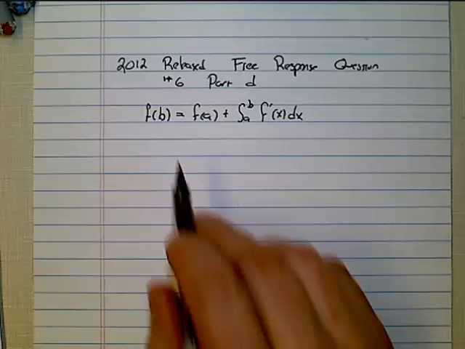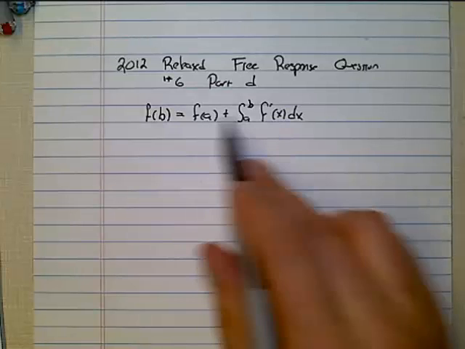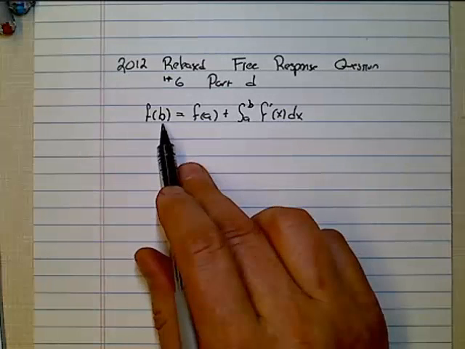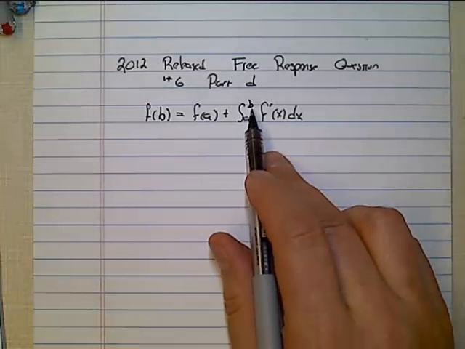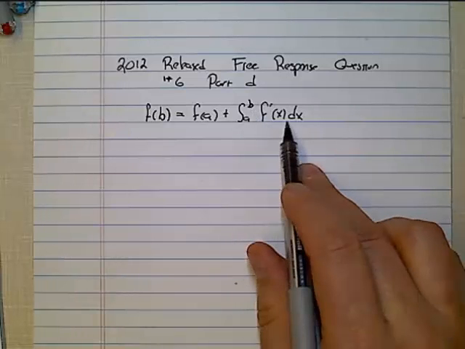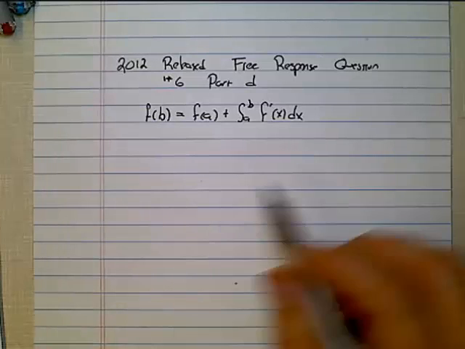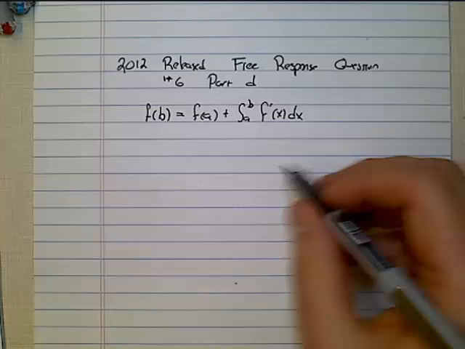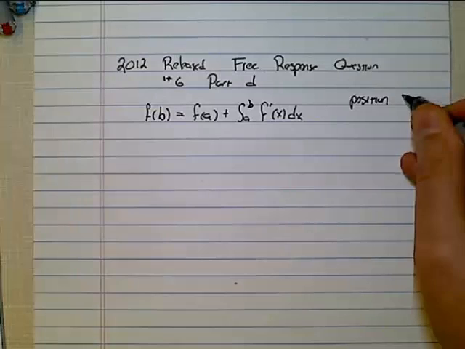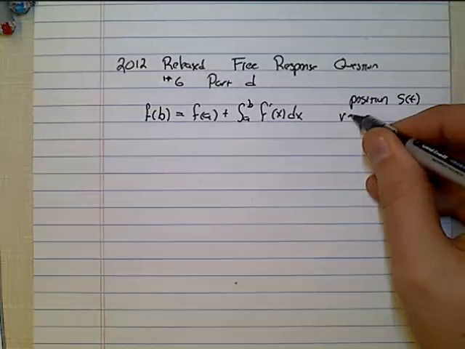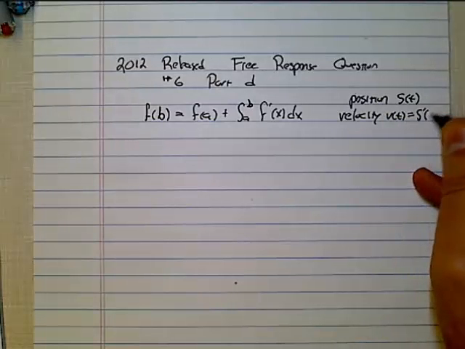So what this says is, if I want to know a future value of the function, and all I know is a present value and the rate of change, then the future value of the function is equal to the present value of the function plus the integral over the interval of the rate of change. Now, if we're trying to get a position, we know that if the position is given by s of t, then velocity, which is v of t, is equal to s prime of t.